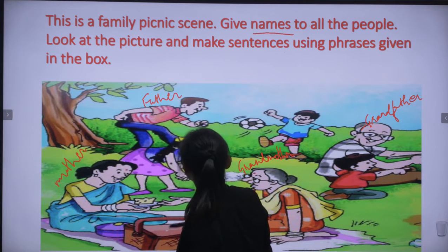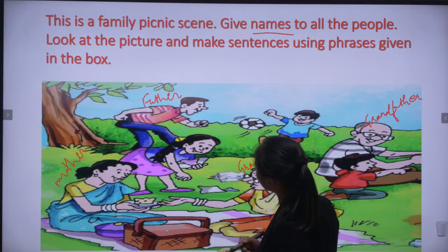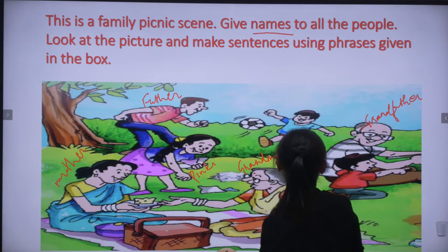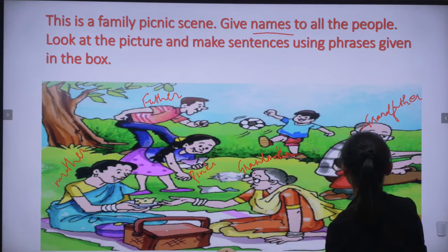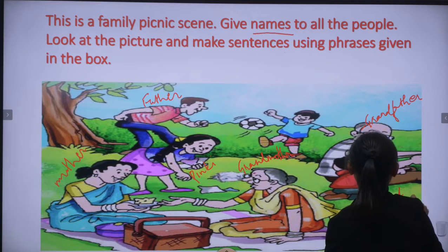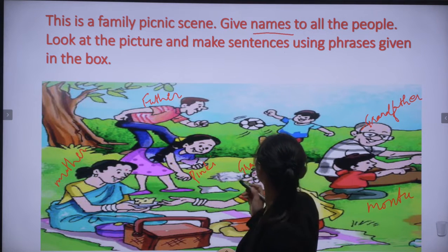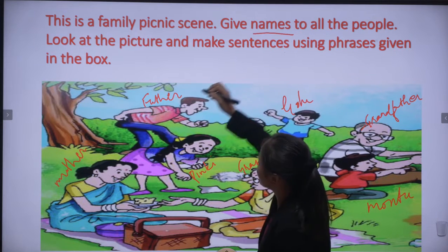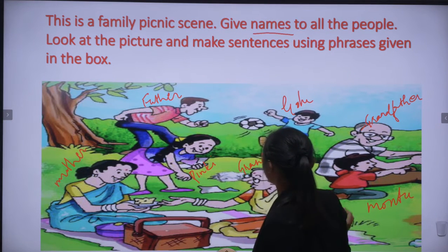We can give this little girl the name Pinky. And we can say this is Montu, and this is Golu. Okay, we have given names to all these characters in this picture.